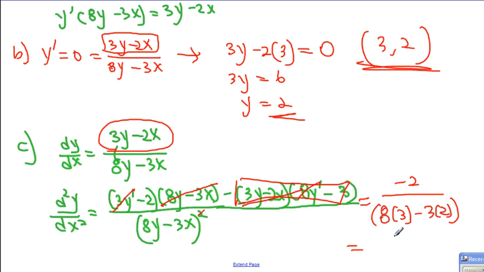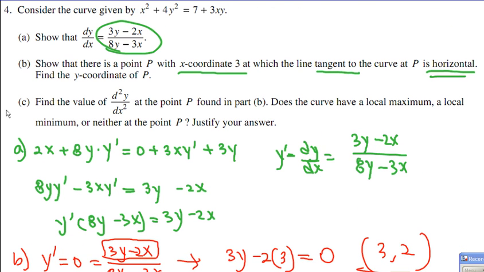Not bad, right? So we have negative 2 over 24 minus 6, which ends up being 18, which is equal to negative 1 over 9. All right, that was C.